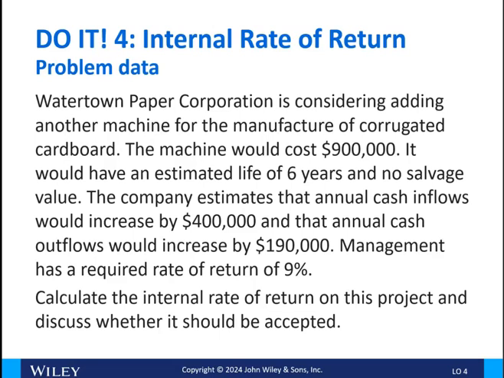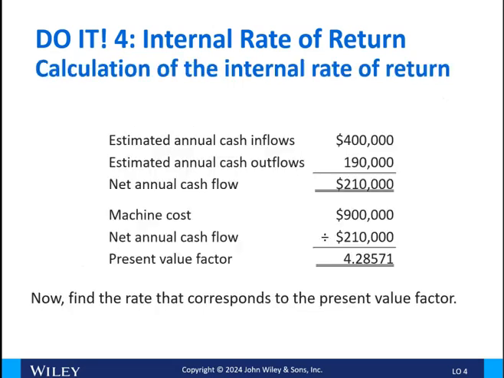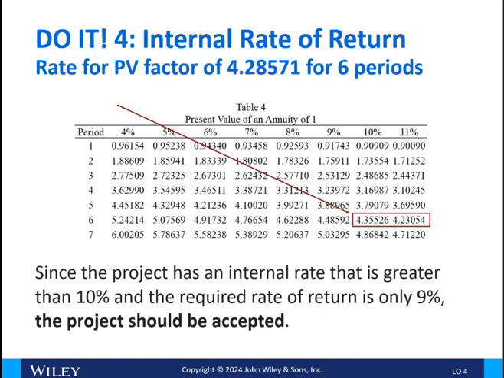So remember, we're going to take the cost divided by the net annual cash flows to get our present value factor, and then look that up in the chart. So with our 210,000 net annual cash flow, we take the 900,000 divided by that 210,000, and we get 4.28571. Now if we look in the table, here's an example of the table.